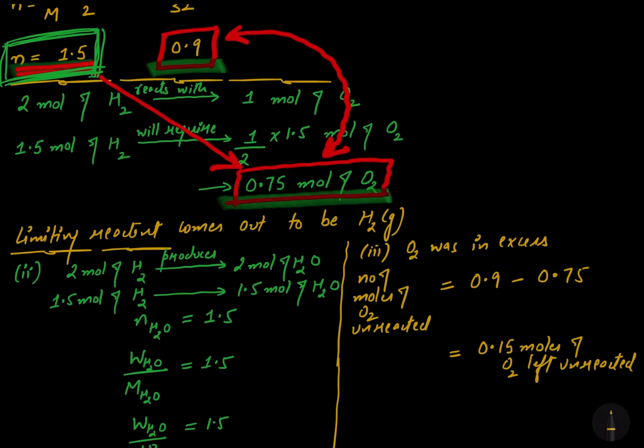So it is obviously weight of O2 divided by molecular mass of O2 to be 0.15.